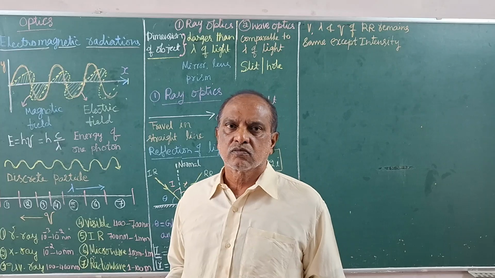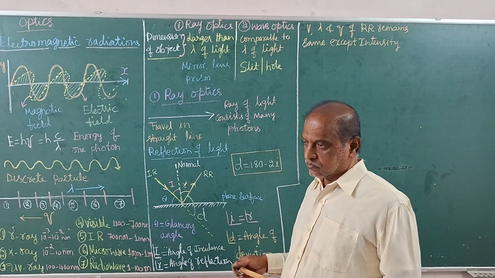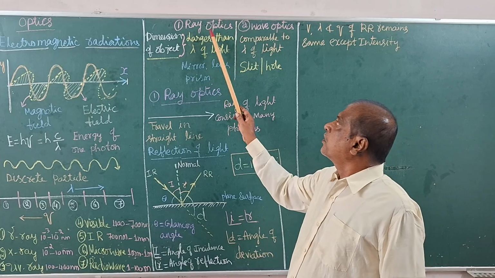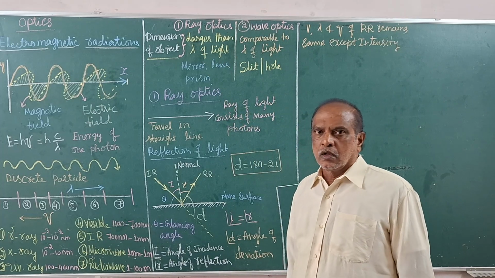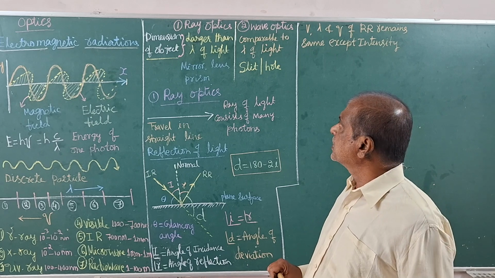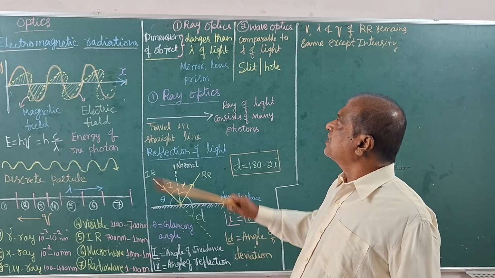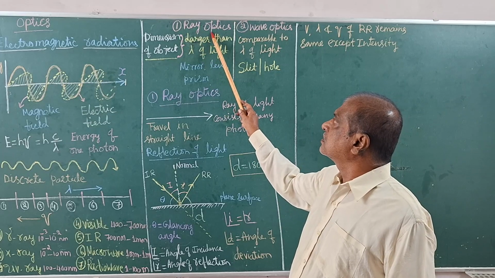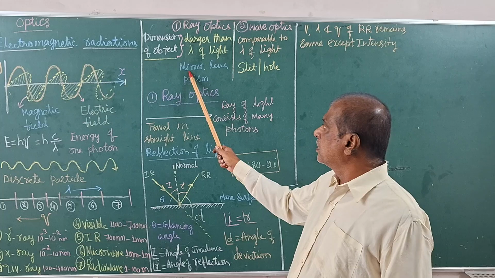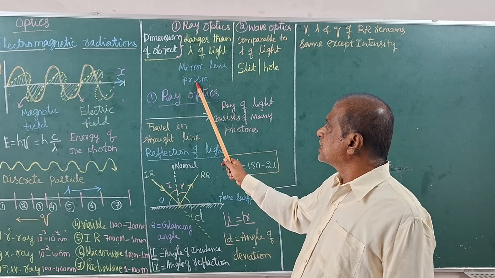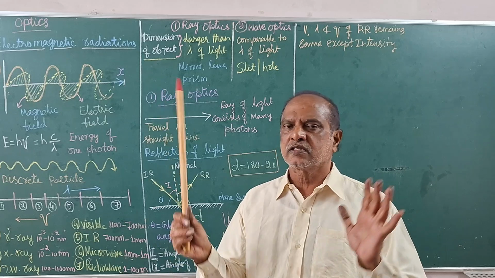Optics is further divided into two types, that is ray optics and wave optics. What is the difference between ray optics and wave optics? In the scientific study of ray optics, we use the mirror, lens, prism through which the light is allowed to pass and then study.